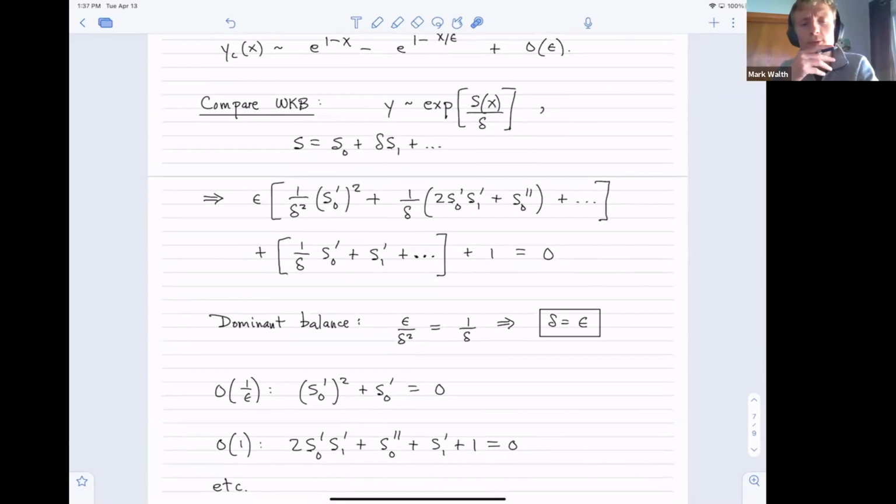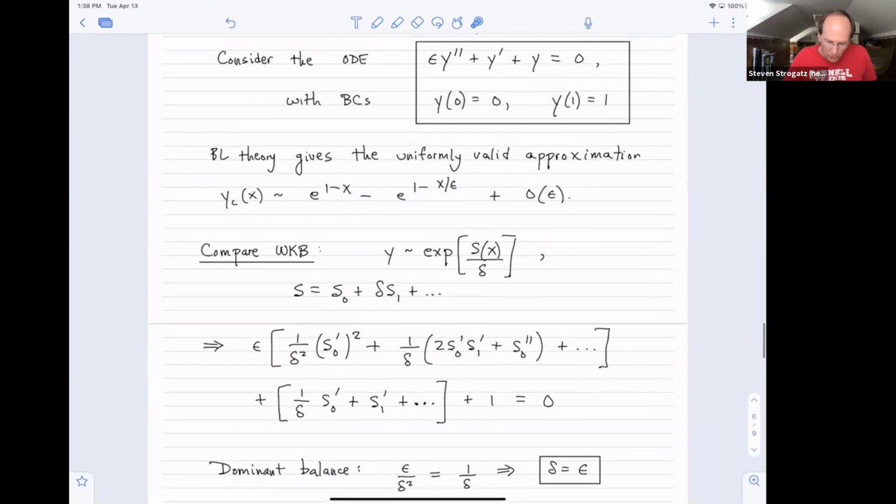Do we always assume that the S terms are order 1? Yeah. In the interval? Yeah. That's what we're assuming. The S terms are not depending on epsilon except through the perturbation ansatz. So it's a good point.